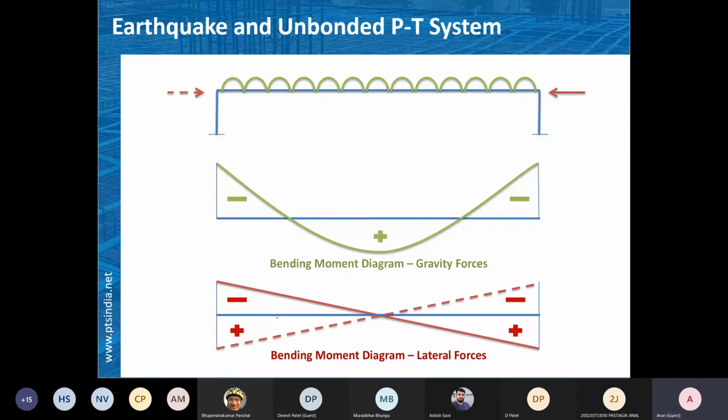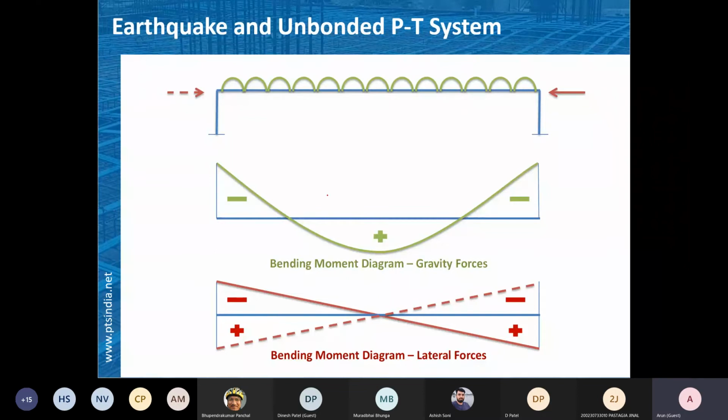It is only tied at the ground. So there will be oscillation of the building once it has a thrust in either direction. So this would be the bending moment diagram as far as lateral forces are concerned, and these are the bending moment diagrams as far as gravity forces are concerned.